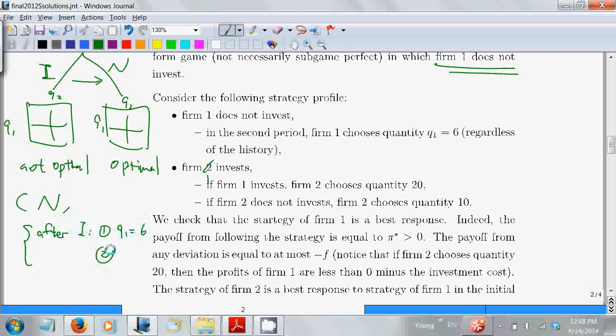And the important thing here is after investing, firm two should not behave optimally, say Q equal to 20, such that firm one will not invest, because when Q is 20, firm one's profit will be smaller or equal to zero. So firm one will probably not want to invest in that case.